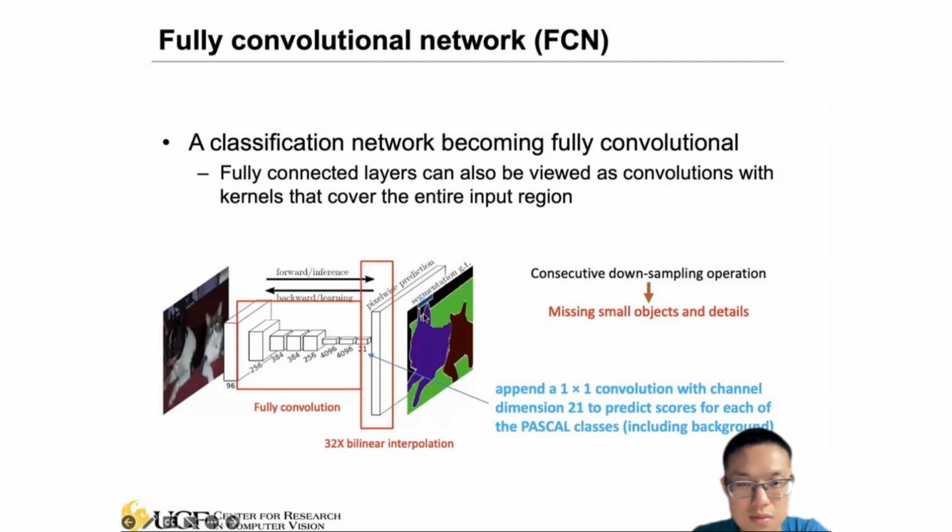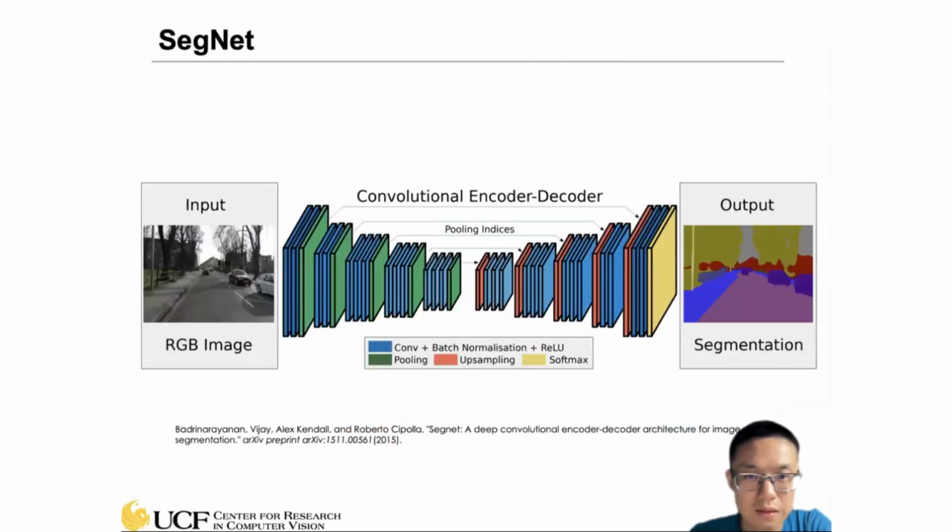In this case, the computational complexity can be reduced because you still gradually reduce the spatial resolution, but just in the end you use interpolation to increase the resolution of your predicted classification map. So that's one solution you can do.